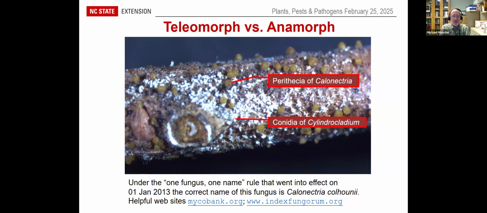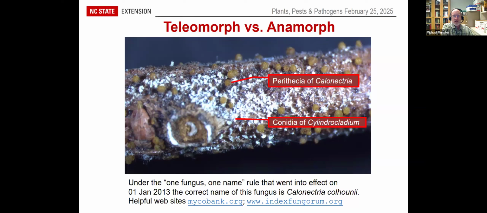Now, I don't know if any entomologist was so foolish as to think that the cucumber beetle and the corn rootworm were actually two different organisms, but these fungi, when they're only encountered in one or the other of their morphs, may have been given different names. So we had for a long time a whole set of parallel names, depending on if you were talking about the sexual or asexual state of reproduction of the fungus.